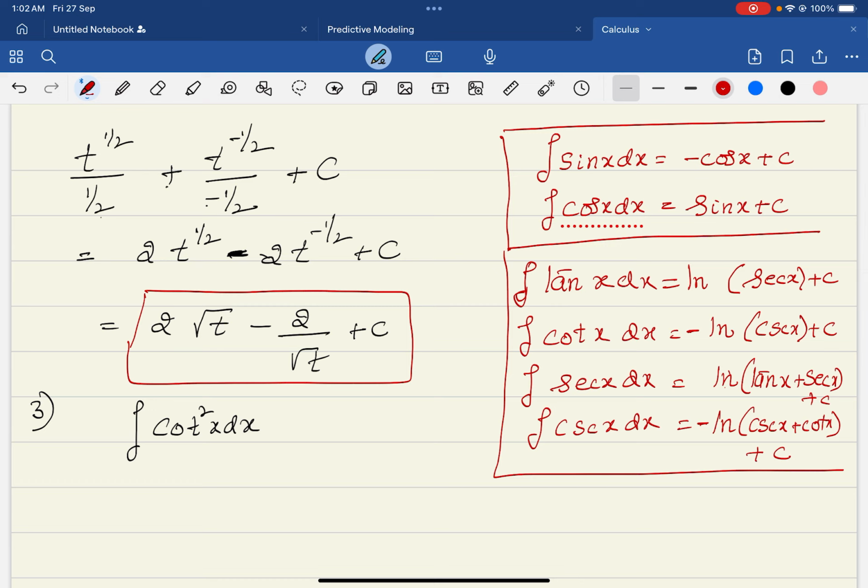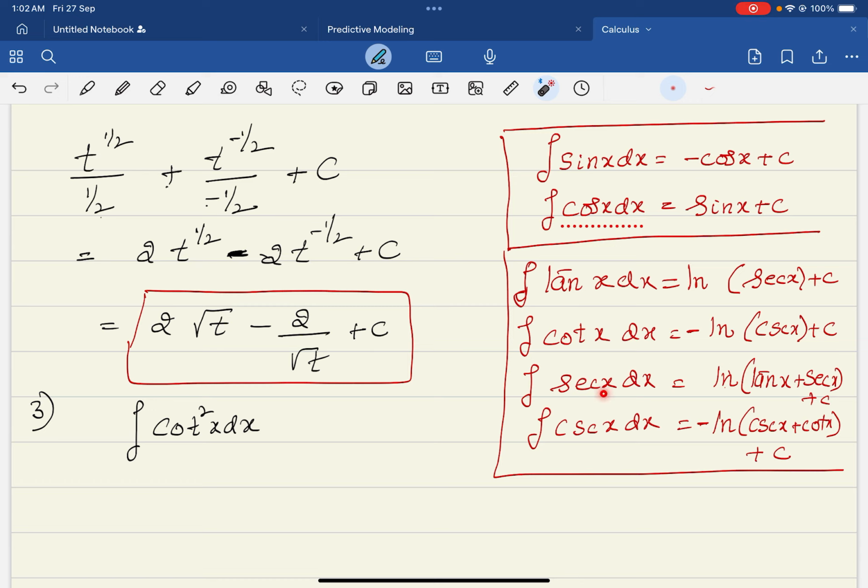So the first two are one set, where the integral of sin x is minus cosine x and the integral of cosine x is sin x. Then the four trigonometrical functions tan, cot, secant, cosecant all start with ln. For cot and cosecant there are negative signs; for tan and secant it is positive only.